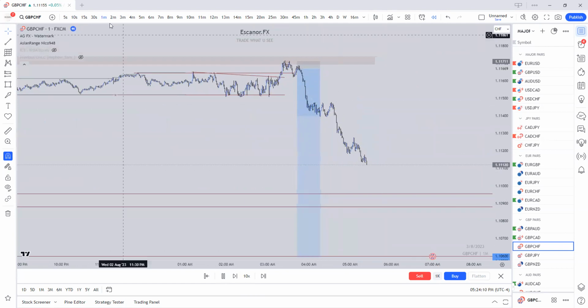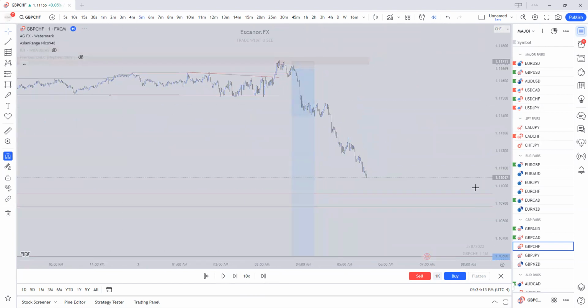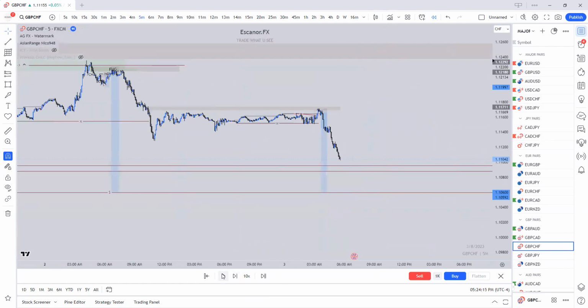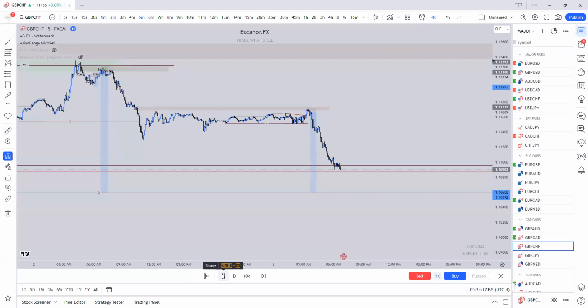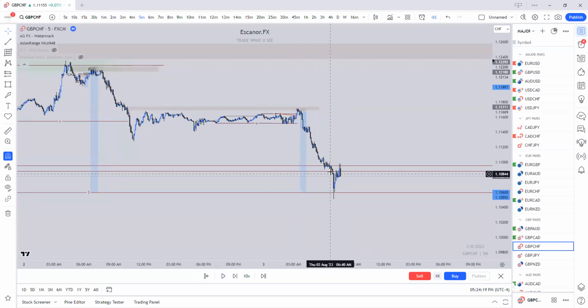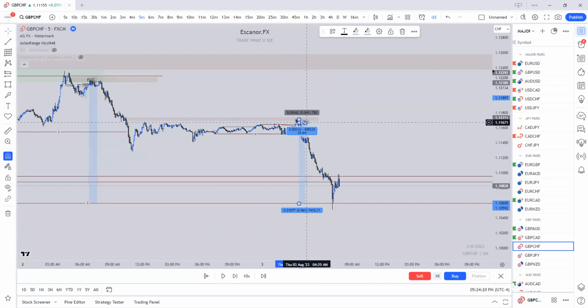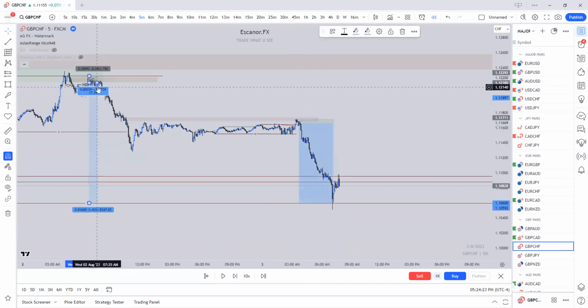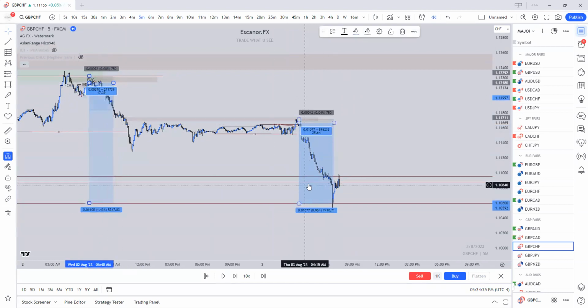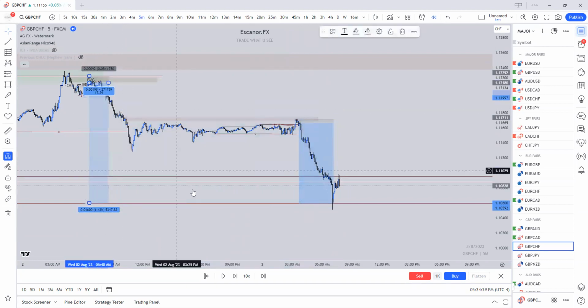And this one played out nicely, especially with the news during London session. This is the last push with the news. Took full TP here. I took some partial at this point. Okay, and then we got our full TP.